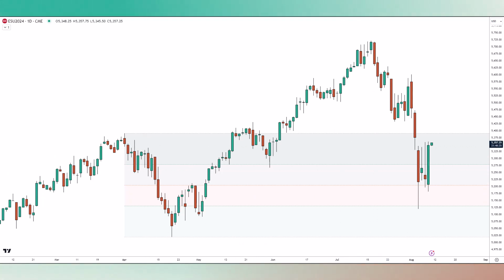What do we have also? We had this zone in here, and in this case you see that we tapped in at the 50. We delivered a one-to-one. By one-to-one I mean from the midpoint of that zone to the extreme, then we traded lower.